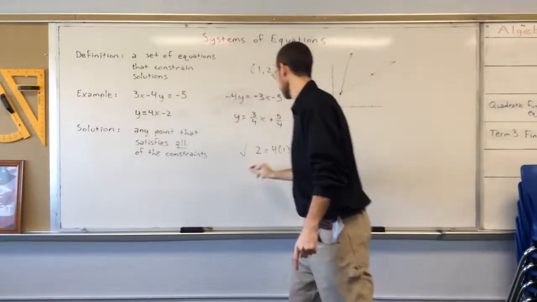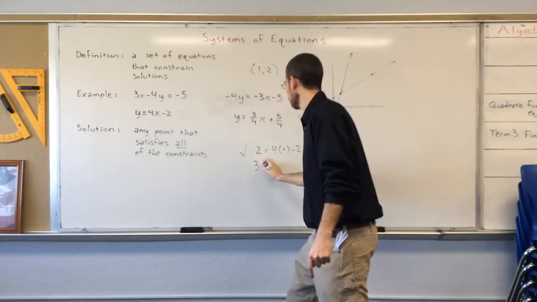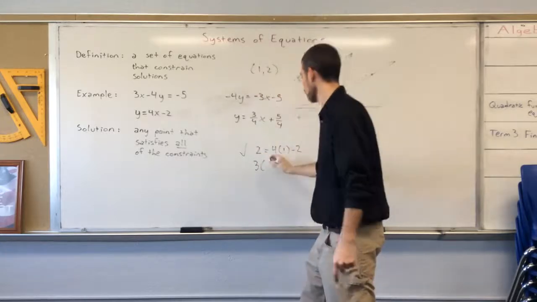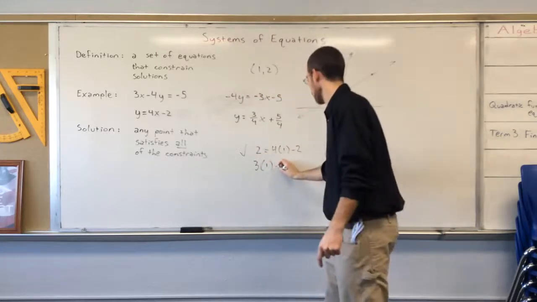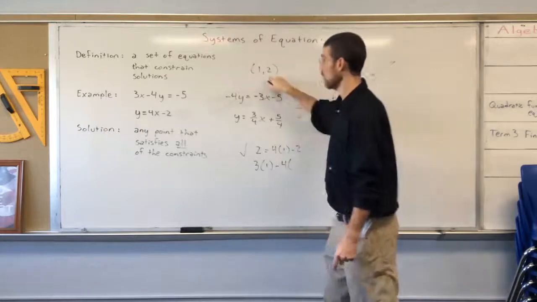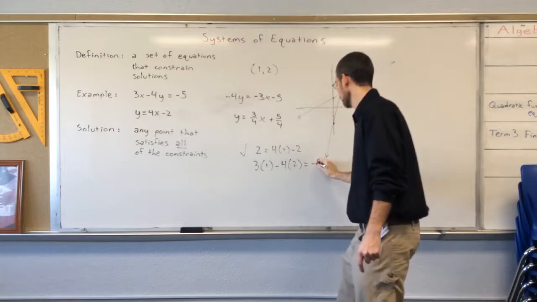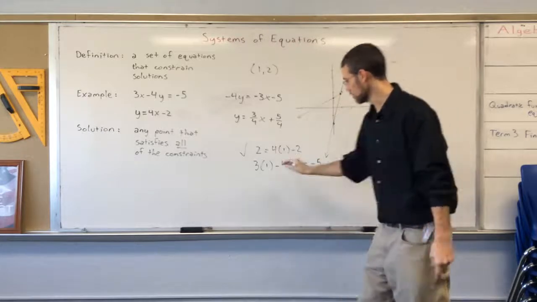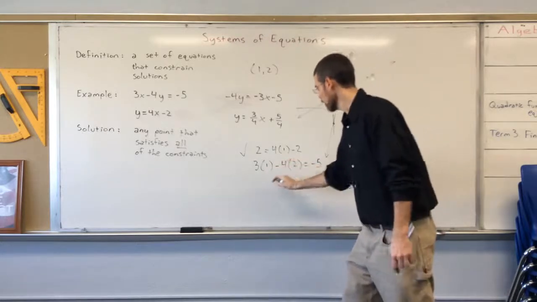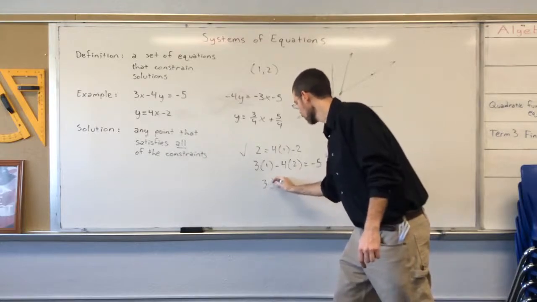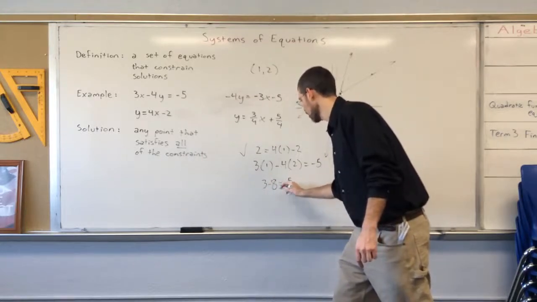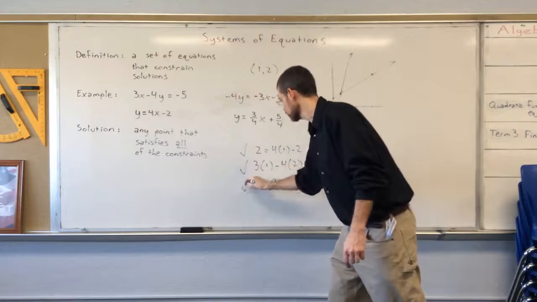Now we'll try on this other one. We have 3 times x, which is 1, minus 4 times y, which is 2. And that is supposed to equal -5. Let's see what happens. This is 3 minus 8 equals -5, and yes, that is true.